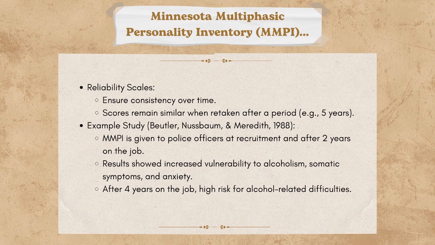After 2 years on the job, police officers' responses indicated an increased vulnerability to alcoholism and somatic symptoms, that is, vague and unexplained physical complaints and anxiety. When the test was given an additional 2 years later, that's now 4 years after starting the job, the results suggested high risk for alcohol-related difficulties.